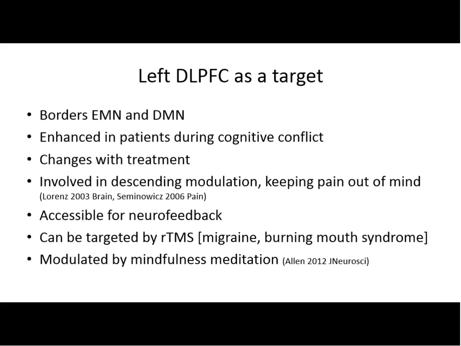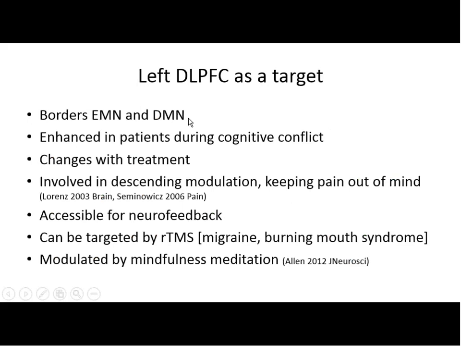So this and other findings from our lab and other labs have pointed to the left dorsolateral prefrontal cortex as a potential target for chronic pain. The reasons for that are that it borders the extrinsic mode network and default mode network.